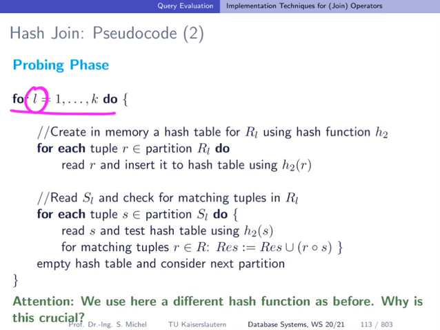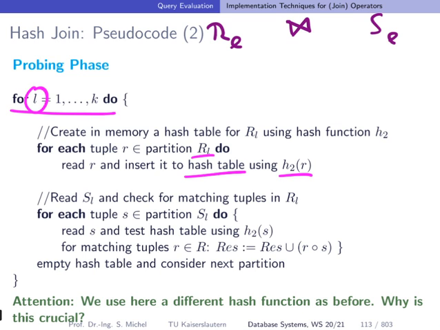We read partition RL, and we create an in-memory hash table using a hash function h2. So now let me illustrate this. We have now RL and SL we want to join, right?